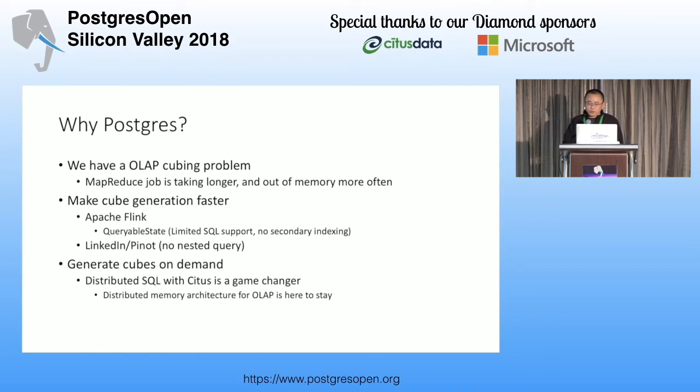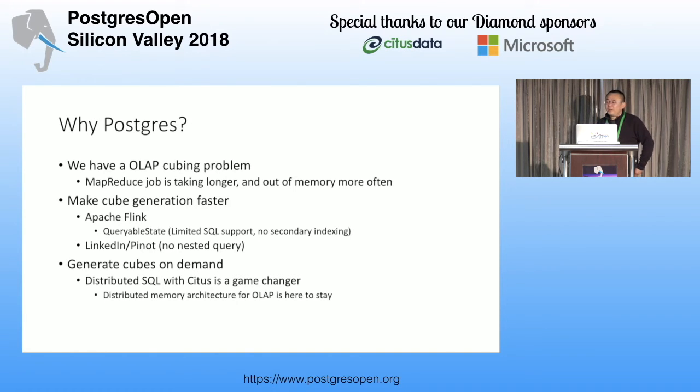There's also a very cool feature called queryable state. That was about a year and a half ago that I was looking into this. Queryable state in the database world is almost like a table. Well, it turned out they have very limited SQL support, and there's no secondary indexing. I don't want to build my own database on top of that by myself.